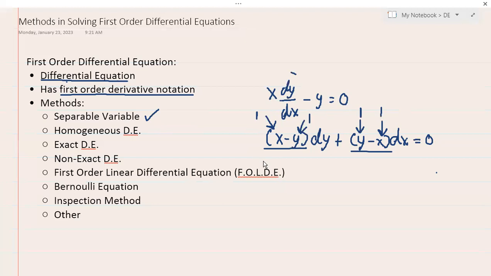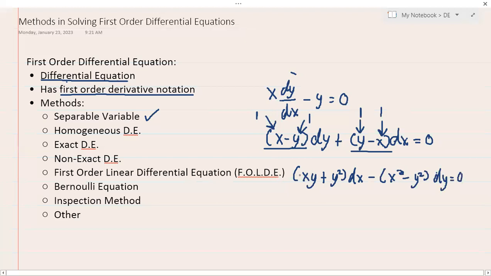So, bottom line, if you encounter a first-order differential equation that is a homogeneous type, then dapat lahat ng degree ay pare-parehas. Bigyan kita ng another example. Let's just say we have quantity x times y plus y squared times dx minus quantity x squared minus y squared times dy is equal to 0. Now, let's check yung mga degree niya.